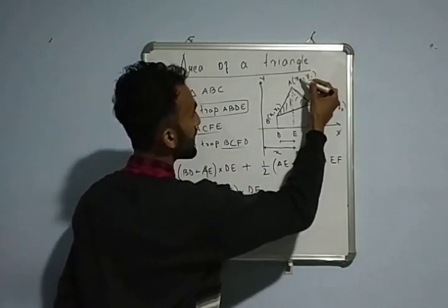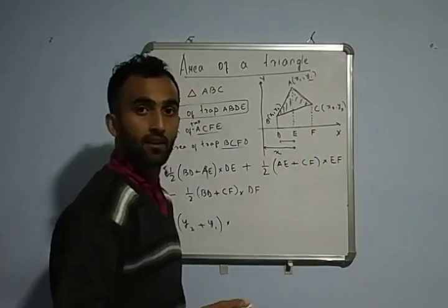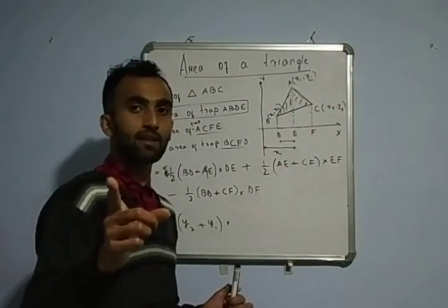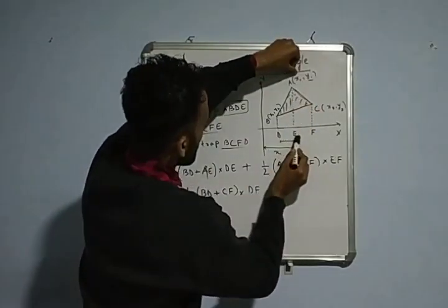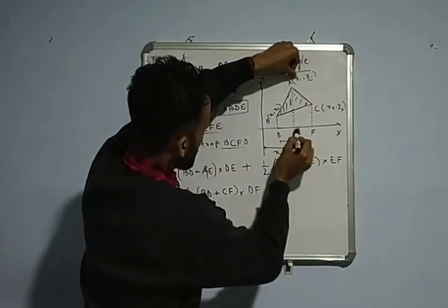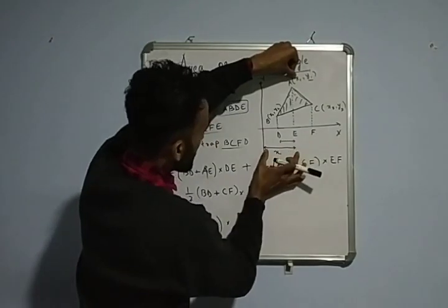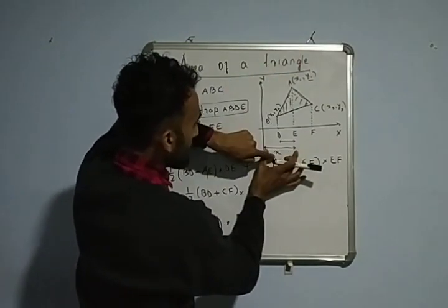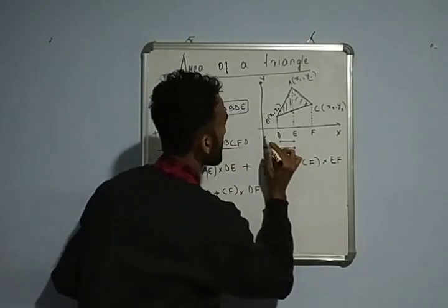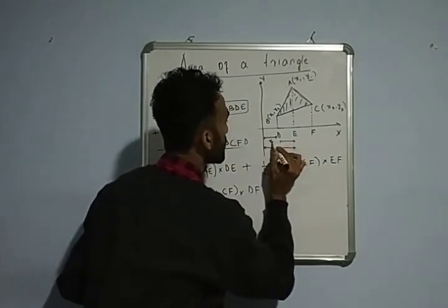Just check because this A point is made up of two coordinates x1, y1. So now you check from here. If I dropped a perpendicular line here, from here to here, is it not x1? Because this coordinate is x1, y1. From here to here is x1 and from here to here is x2. Check.